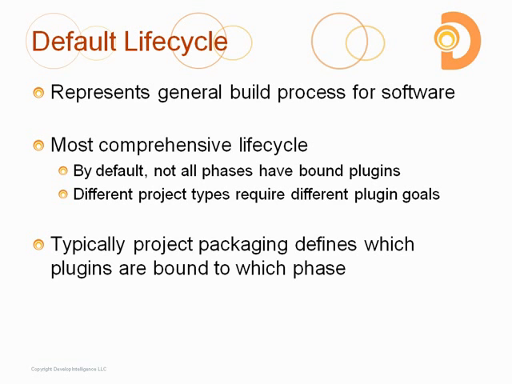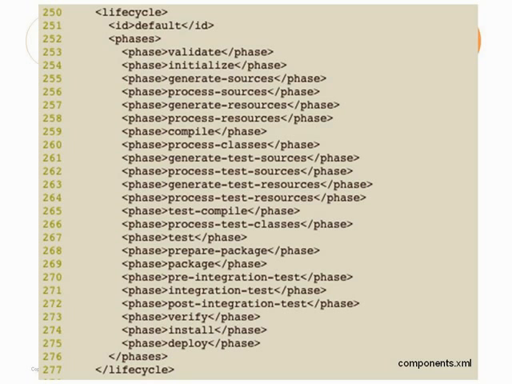In the default build lifecycle, if I really wanted to understand how Maven is going to walk through all of this, I guess there's a slight delay in my slide here. Let's try this one more time.